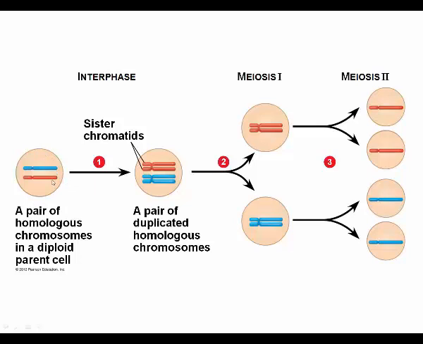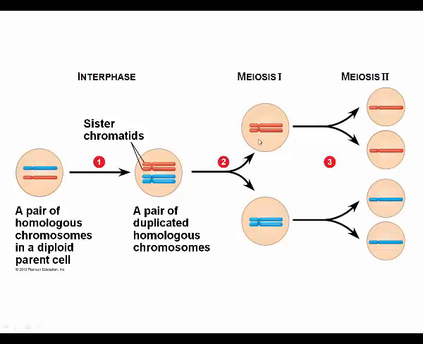The members of a pair of homologous chromosomes, one paternal and one maternal, duplicate during interphase, specifically during S phase of the cell cycle, to produce sister chromatids, and these 2 sister chromatids make up 1 chromosome. So this cell has a diploid number of 2. Diploid meaning 2 copies of each chromosome, and then 2 is indicating that there are 2 total chromosomes.